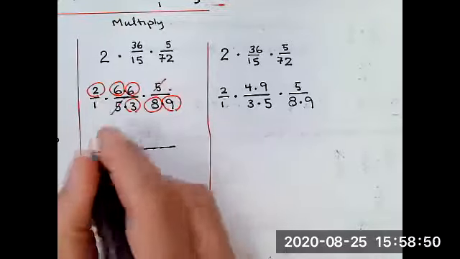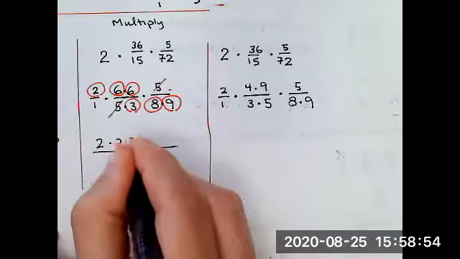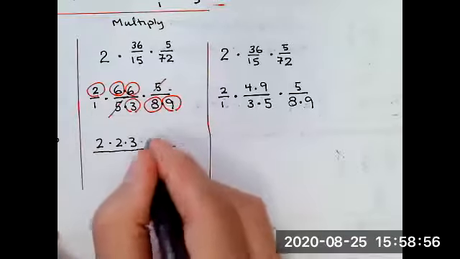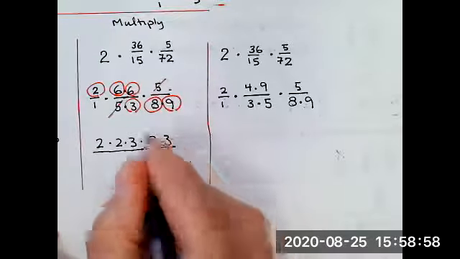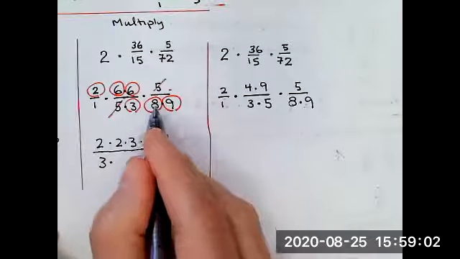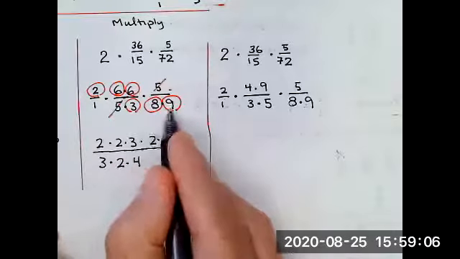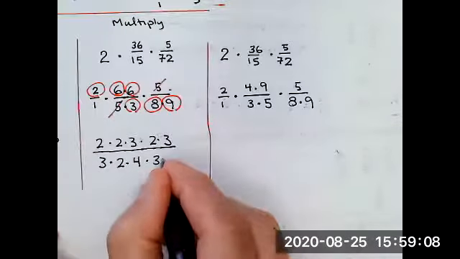What do I have left? 2 is a prime. 6 is 2 times 3. 6 is 2 times 3. 1 times 3 is 3. 8 is 2 times 4. 9 is 3 times 3.